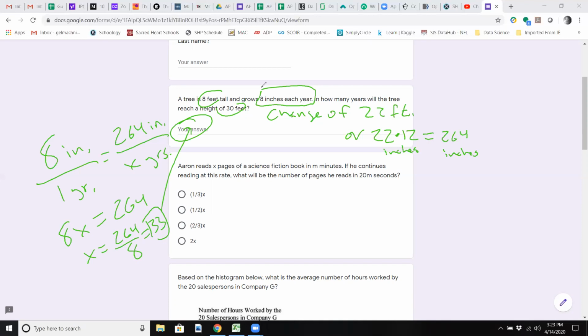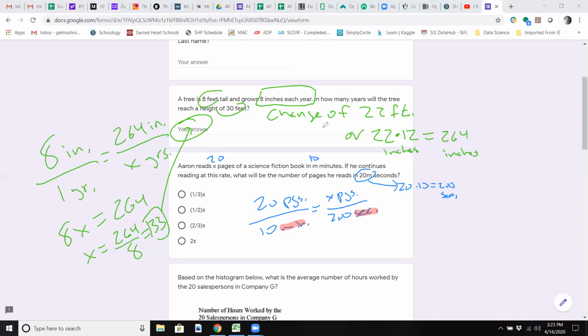Then for number 2, I made up numbers here. Let's say this guy reads 20 pages in 10 minutes. But now you want to know how many pages he reads in 20 seconds. 20 times 10, so x pages in 200 seconds. The problem is that our units are not the same for the time on each side of the equation.